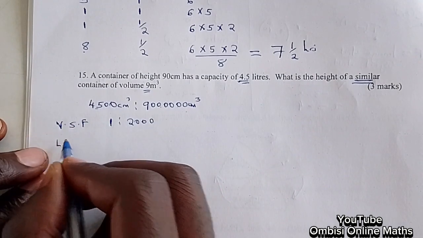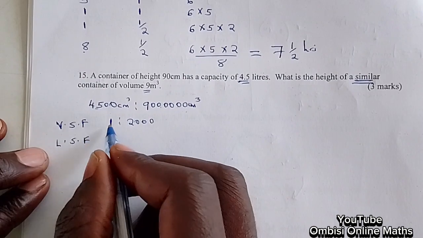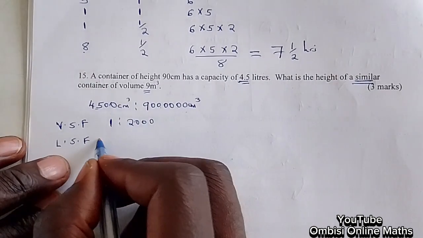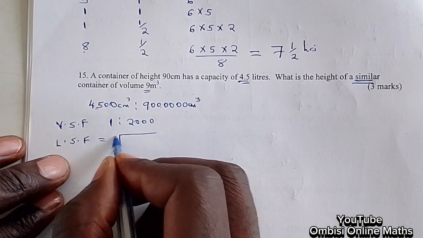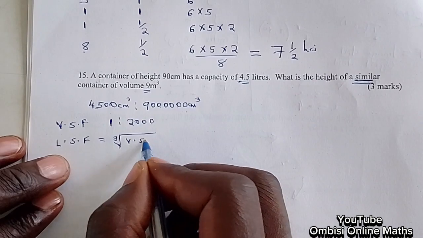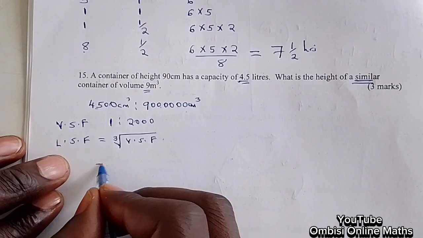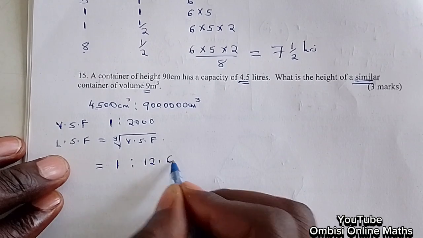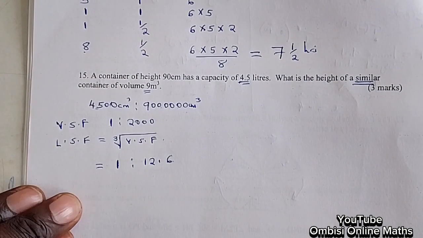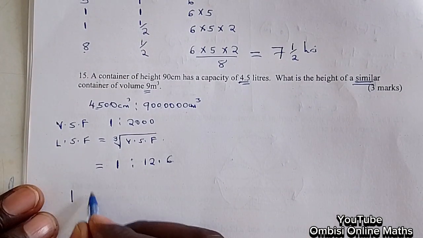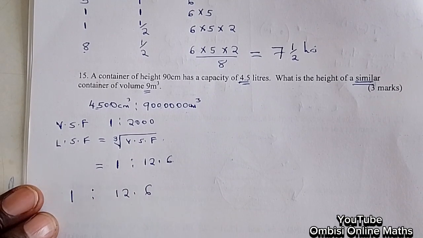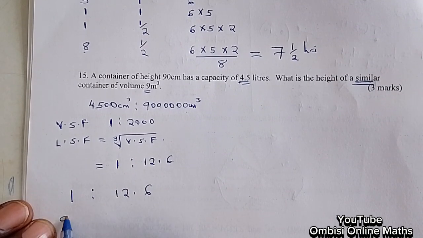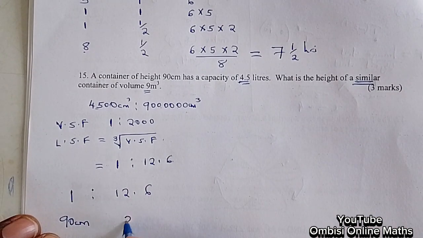From it, you can find our linear scale factor. Our linear scale factor is the cube root of the volume scale factor. So the cube root here is 1 is to 12.6. Now, if you have 1 is to 12.6, it means that the smaller one is 90 centimeters and the larger one we don't know.